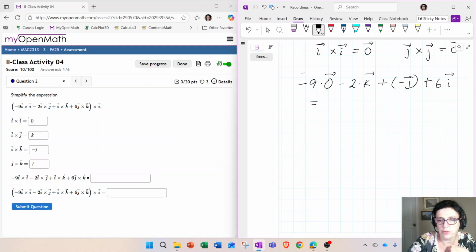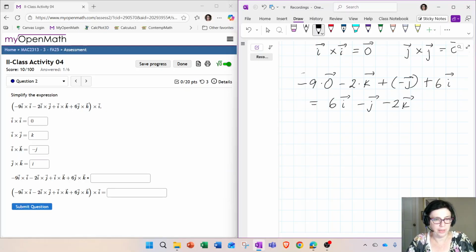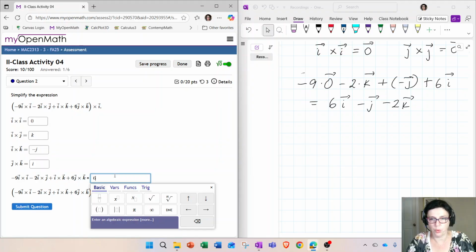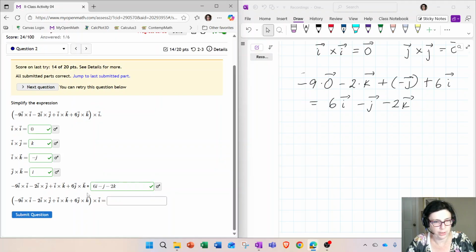Okay, so now we just have to arrange it in the order that we usually do. We want to put i first, so this is going to be 6i minus j minus 2k. And again, we can verify that, but in this case, we just want to only use the properties of the standard unit vector. So let me just submit that, make sure that's correct.